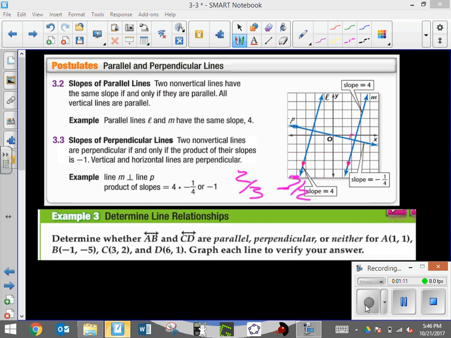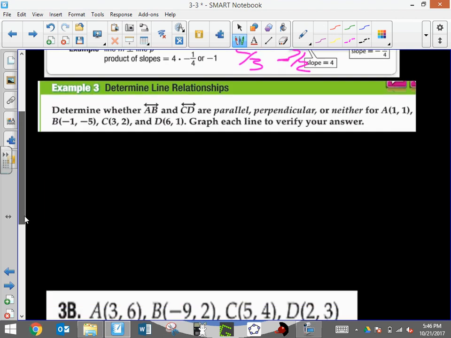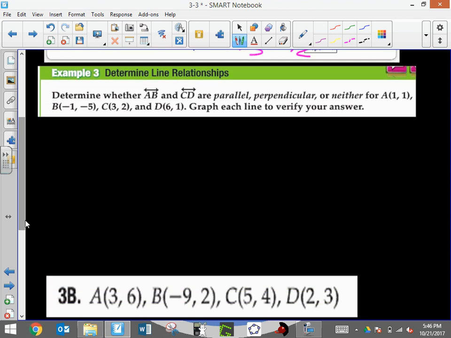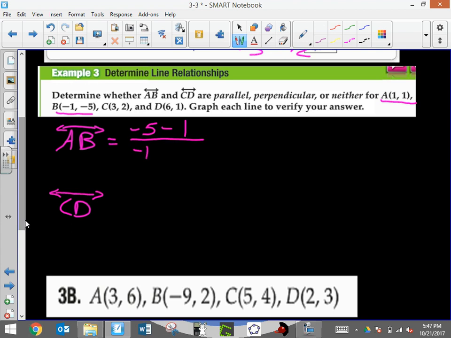Okay, so using those ideas, I want to do these two examples. It says determine whether AB and CD are parallel, perpendicular, or neither. So I want to find the slope of AB and CD. I'm going to start with AB first. I'm going to go -5, I'm using this point and this point. So I'm going to go -5 minus 1 over -1 minus 1.